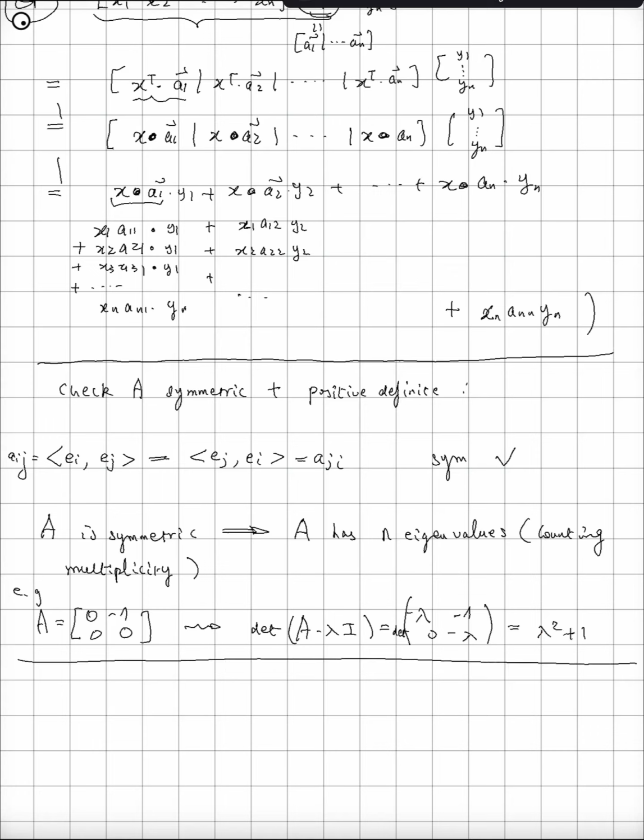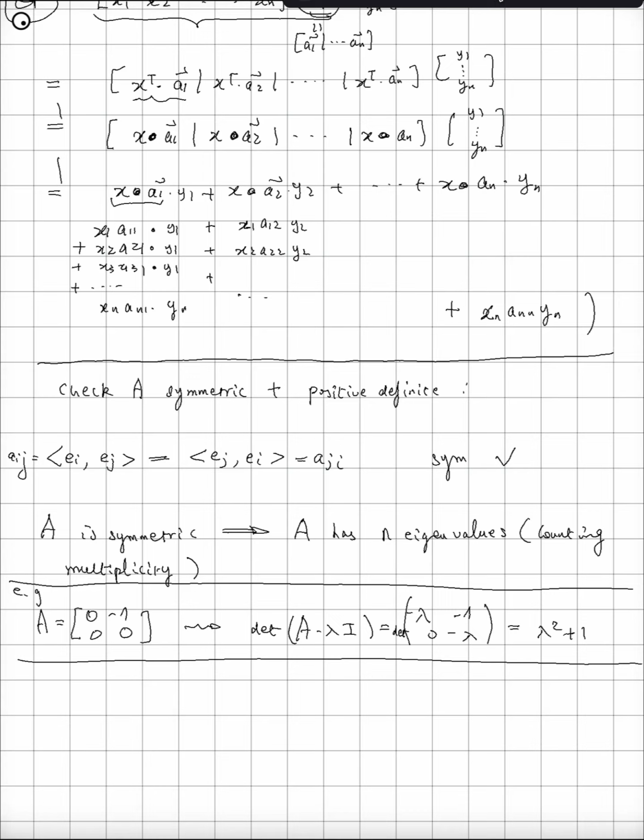And so you have no real eigenvalues, while you have plus minus i as complex eigenvalues. So the two eigenvalues correspond to the size of this matrix, which is 2 by 2, right? Okay, so the good thing for symmetric matrices is that we know they always have n eigenvalues counting multiplicities.